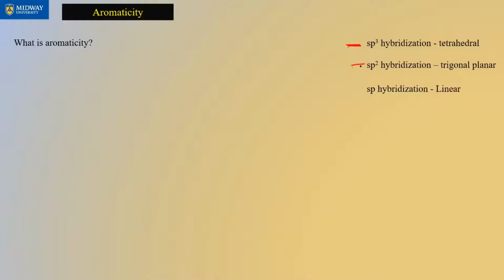Okay, and if you remember from Chem 330, we talked about sp3 hybridization being tetrahedral, that is all single bonds. And sp2 hybridization is double bonds, which leads to a trigonal planar, and sp hybridization is triple bond.